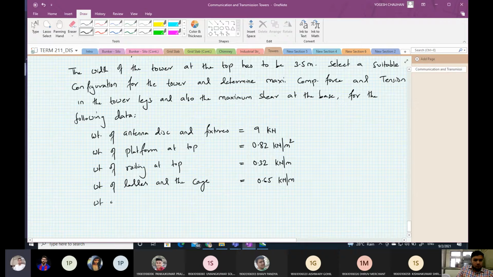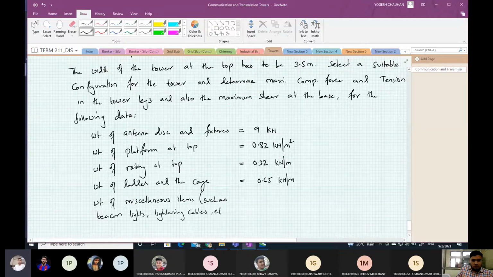Then the weight of miscellaneous items such as beacon lights, lighting cables, etc. is equal to 2.5 kilonewton.